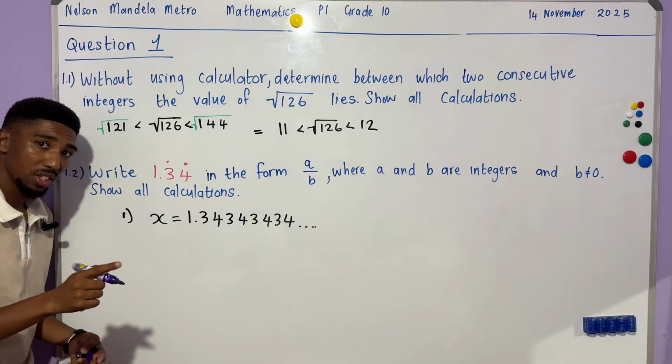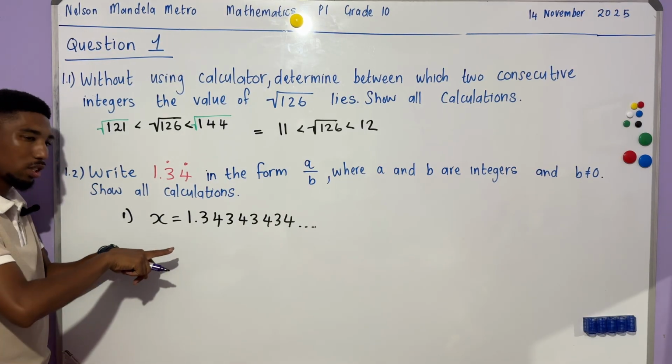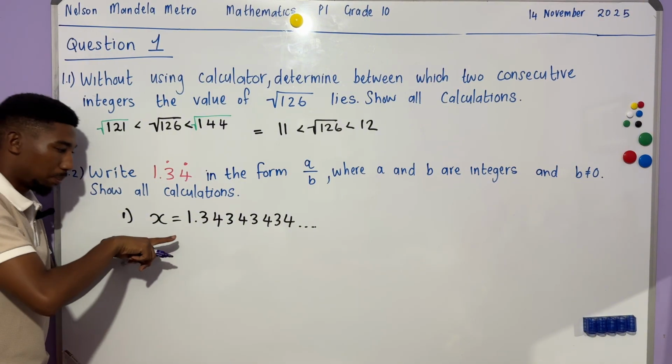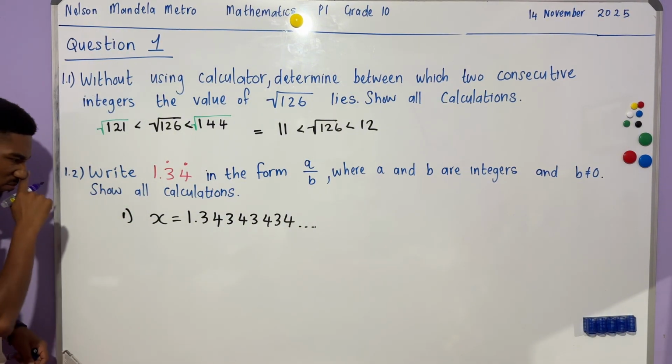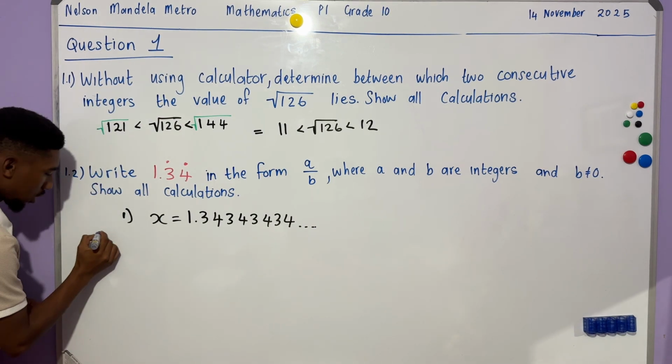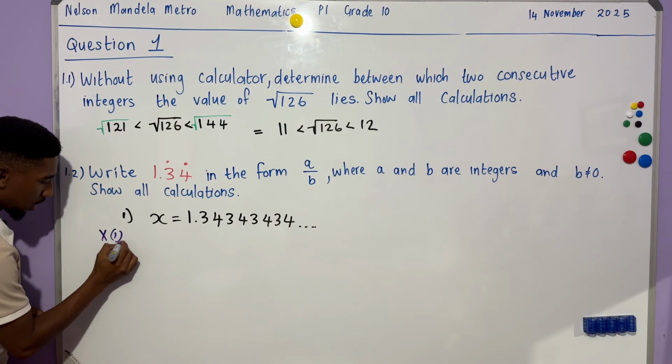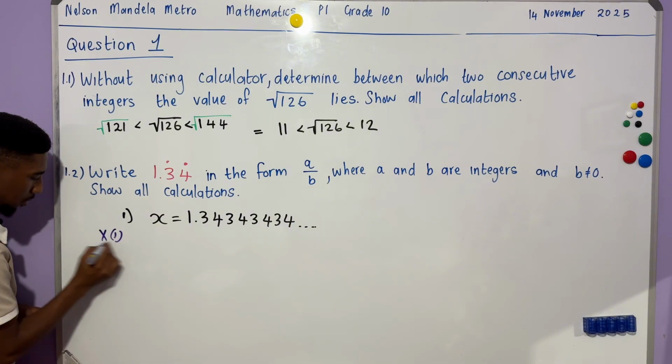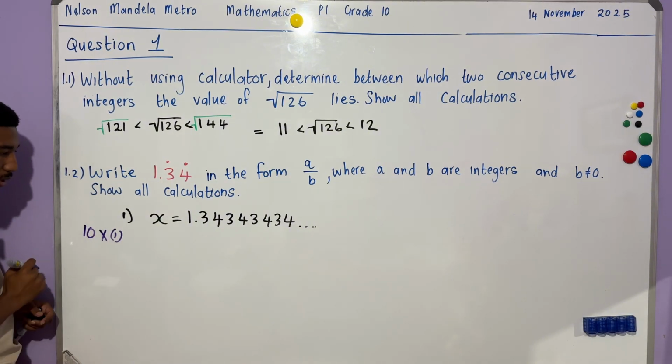But the condition is that it has to have the same repeating decimals. Let's try to create a second equation by multiplying by 10. So we say 10 times equation 1.